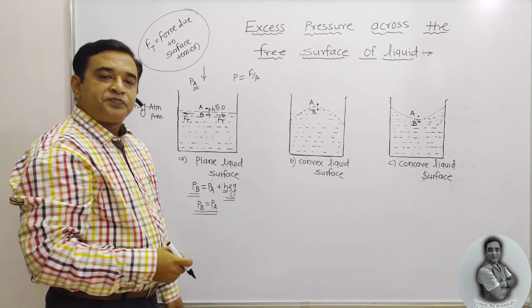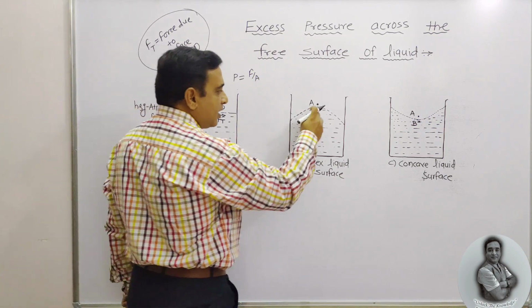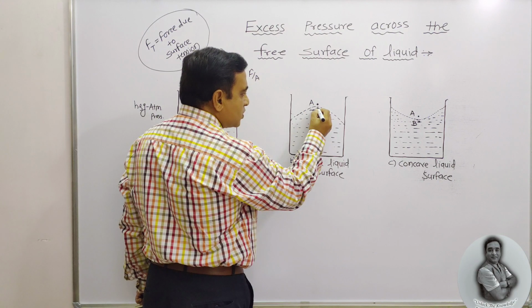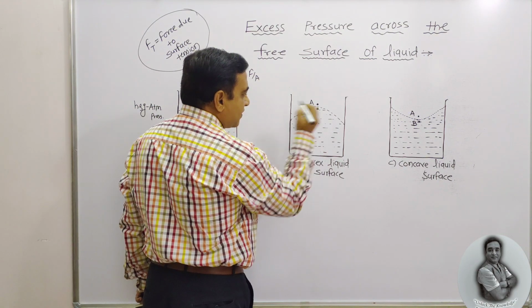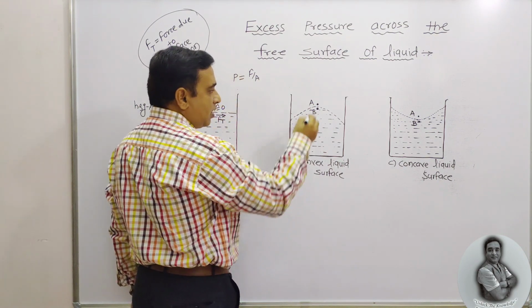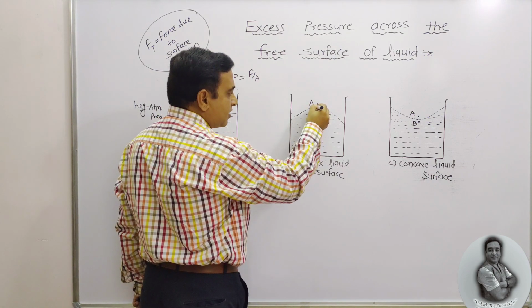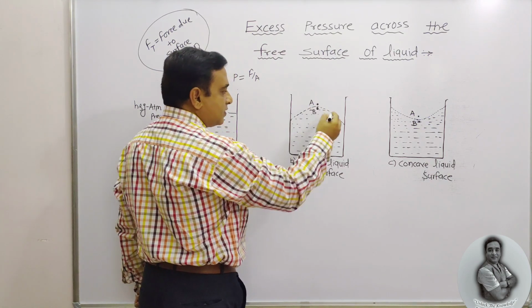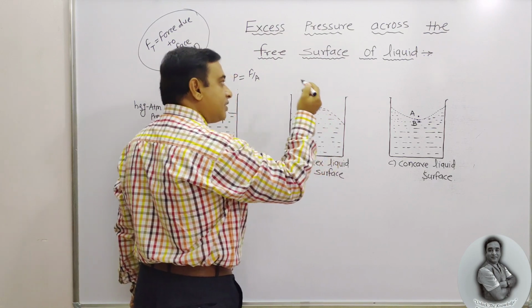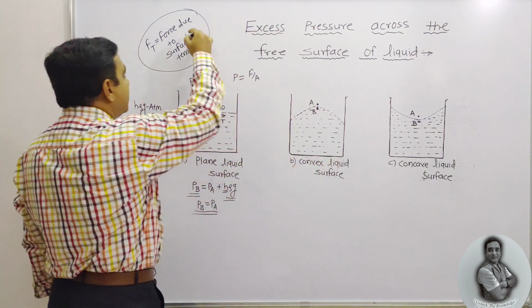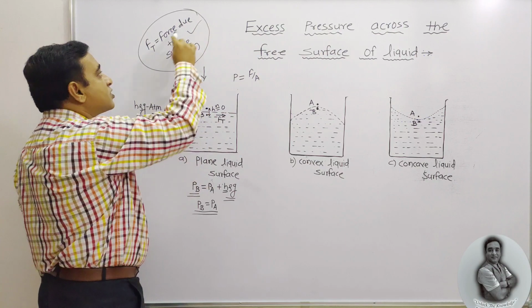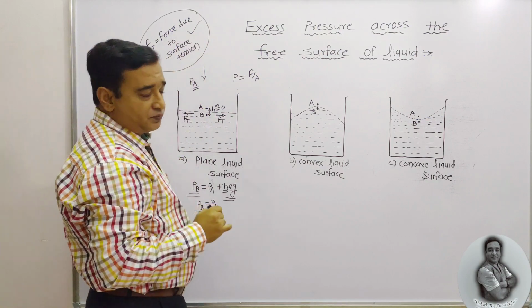Come to the next. If this point B is taken close to the surface, the counterbalancing force on this point B can be obtained by drawing the tangent. Here it is Ft, the force due to surface tension.